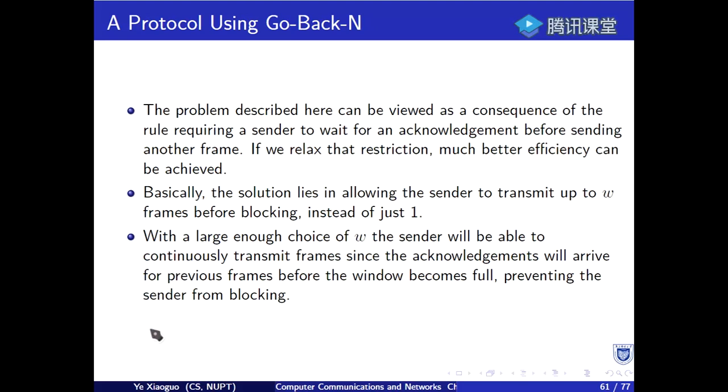With a large enough choice of W, the sender will be able to continuously transmit frames, since the acknowledgements will arrive for previous frames before the window becomes full, preventing the sender from blocking.